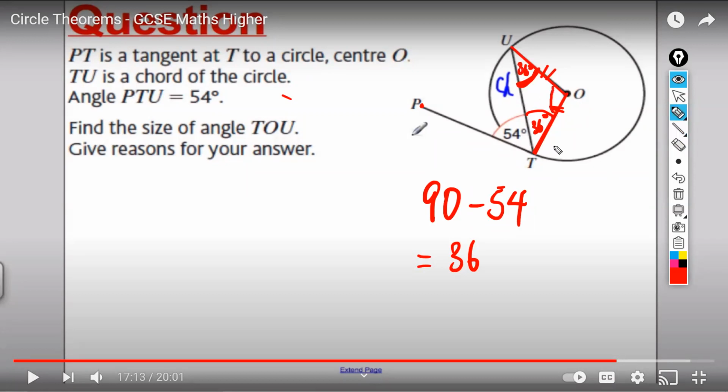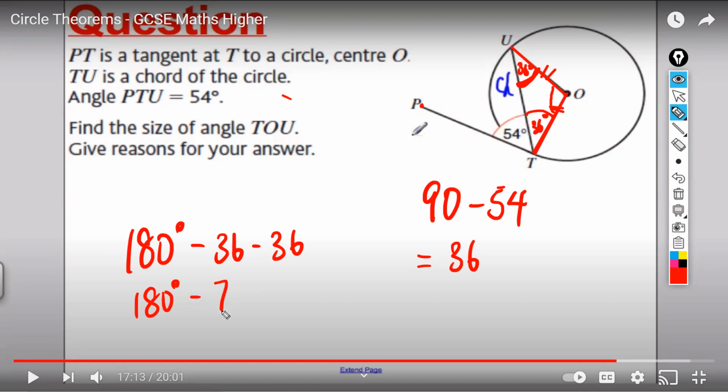So the angle in here, guys, would be 180 degrees minus 36 minus 36. And that would be 180 degrees minus 72, which would just be 108. So the angle right there, TOU, is equal to 108 degrees. Cool.